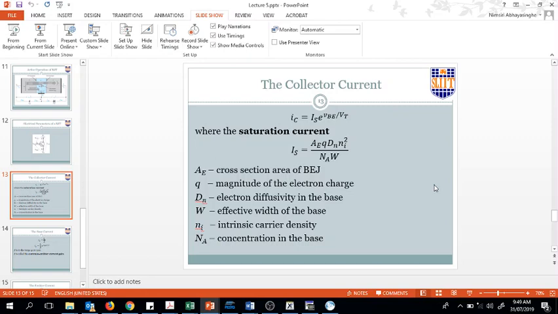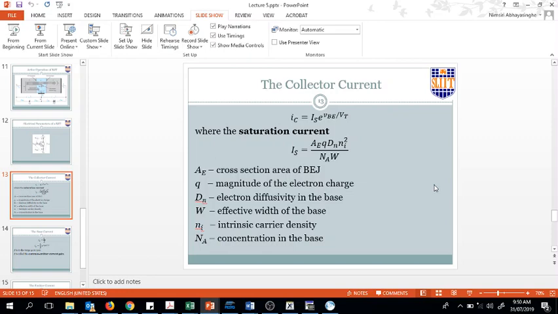Is is in fact the reverse saturation current of a PN junction into beta. Now you can see the relationship for the Is. It depends on the cross-sectional area, the doping concentrations, the diffusion velocities, the effective width of the base, and so on and so forth.